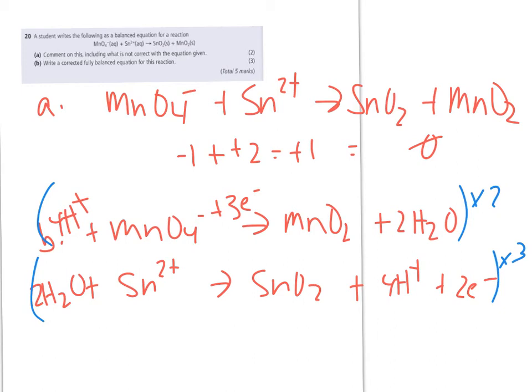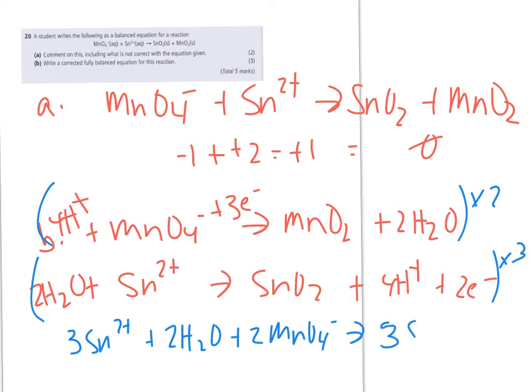And when I do that and rewrite the equation, I was left with 3 Sn2+ plus 2H2O overall on the left side after it cancels between the two sides, 2 MnO4-, 3 SnO2, 4H+, and 2 MnO2.